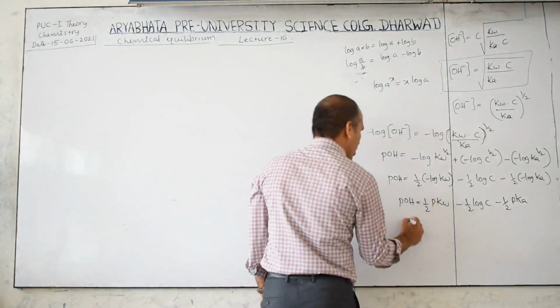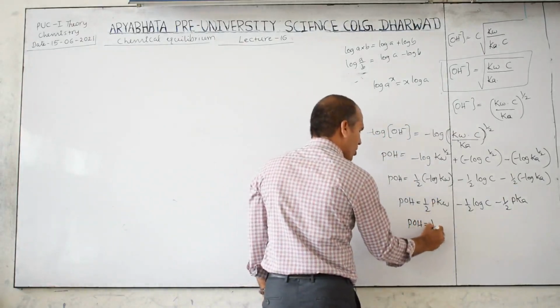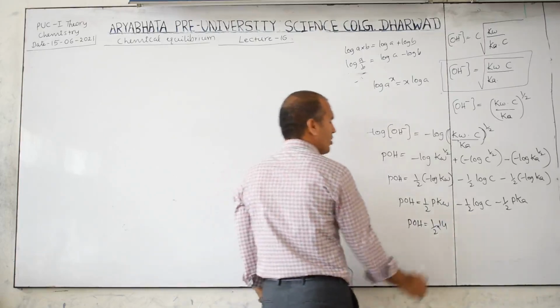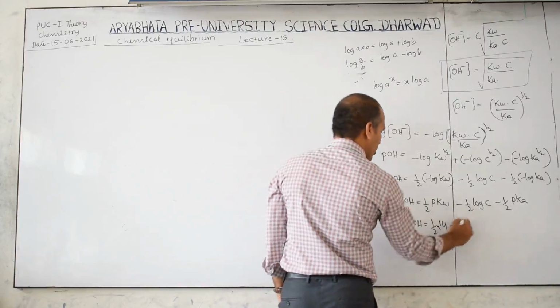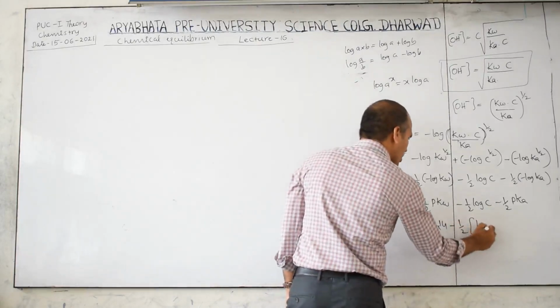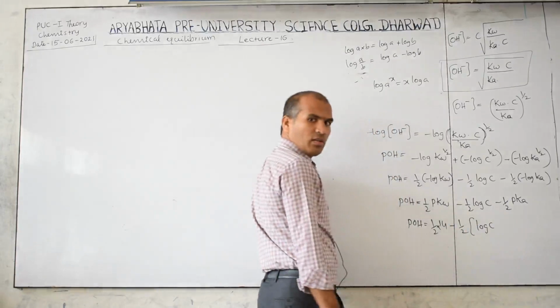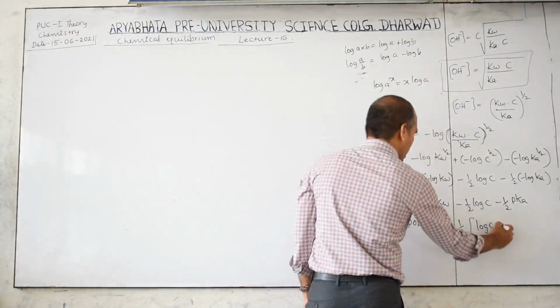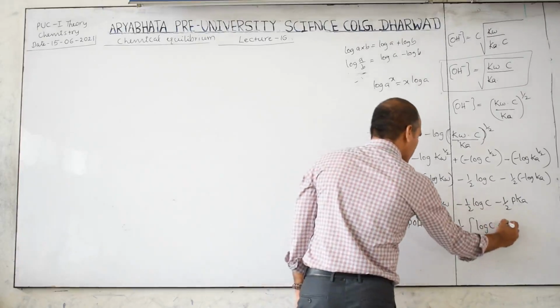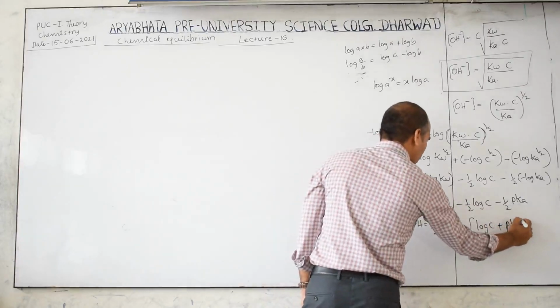The pKw value we know, so pOH is equal to 1 by 2 into 14, minus 1 by 2 taken common, and then log C, then here plus, because this is minus, this is plus pKa.